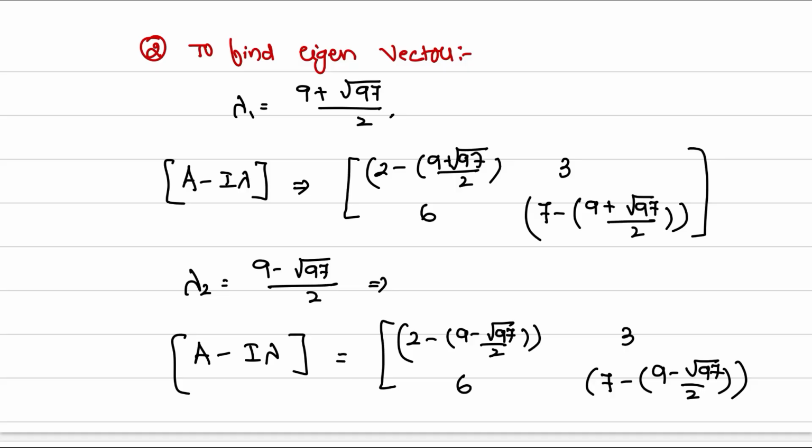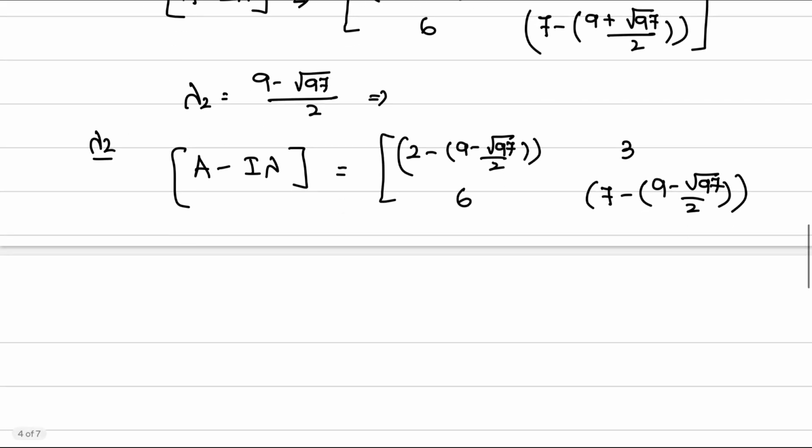That means this is for lambda 2 and this is for lambda 1. We got two matrices.